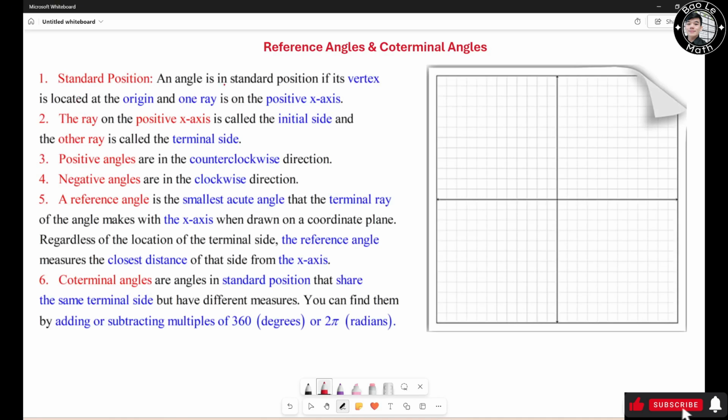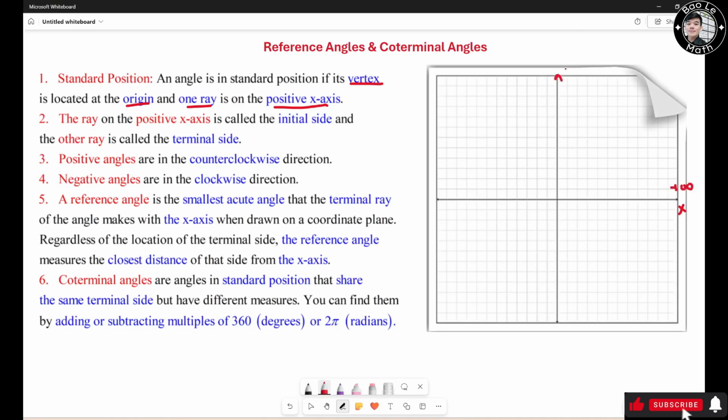An angle is in standard position if its vertex is located at the origin and one ray is on the positive x-axis. Alright, so this is the x-axis. Now on the right of the x-axis, this is positive, right? So positive infinity.